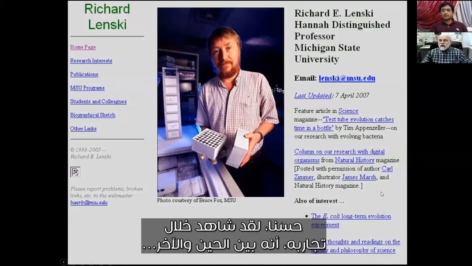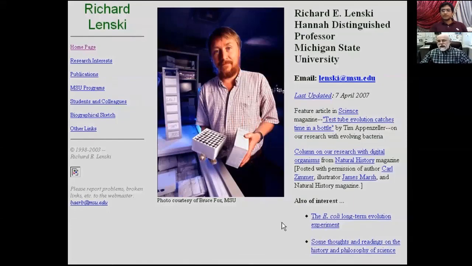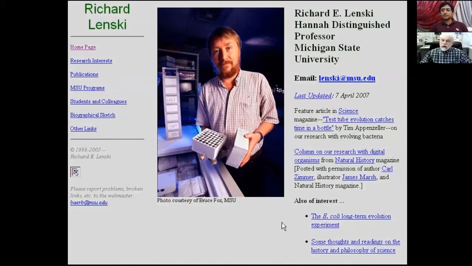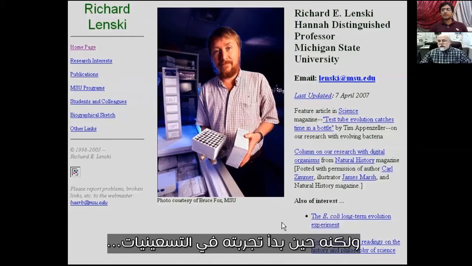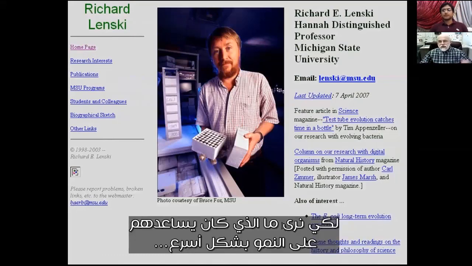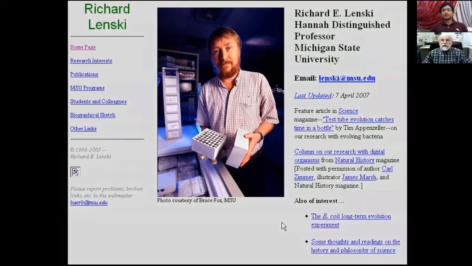Well, he saw throughout his experiment that every now and again a mutant bacteria would come along that could grow faster than everything else. But when he started the experiment in the 1990s, there wasn't the technology to track down the change in the DNA to see what it was that was helping them grow faster.